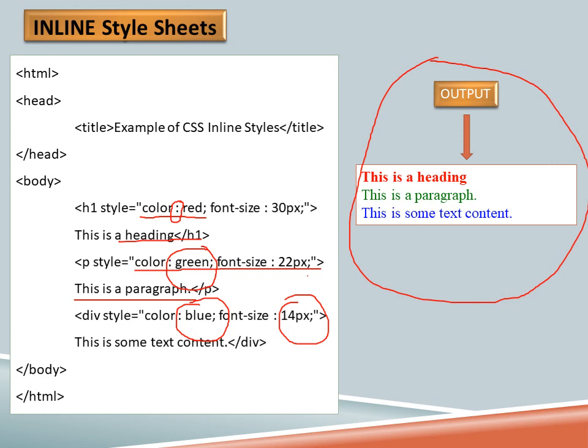Here style is equal to color colon red, as we have already discussed that whenever we are using CSS, in that case we define the property, and we define the value of its property after a colon sign.